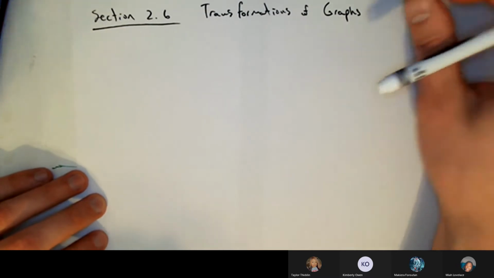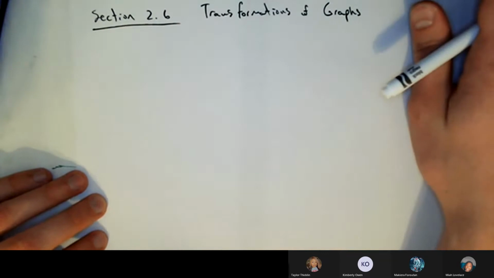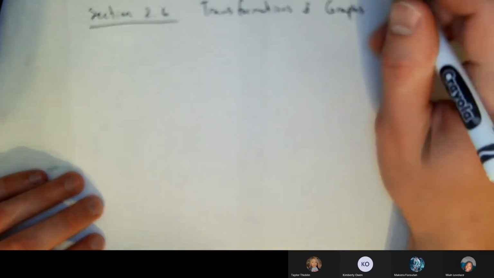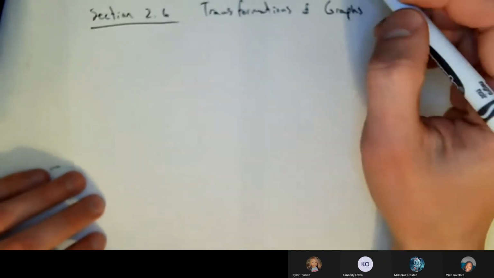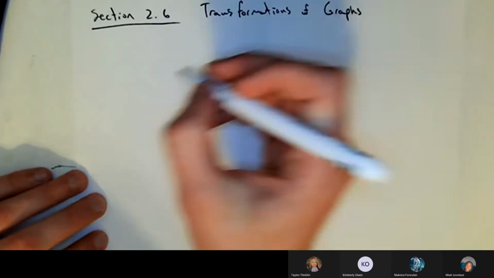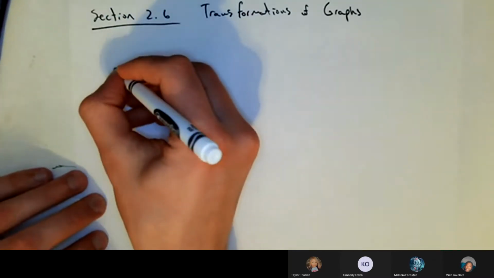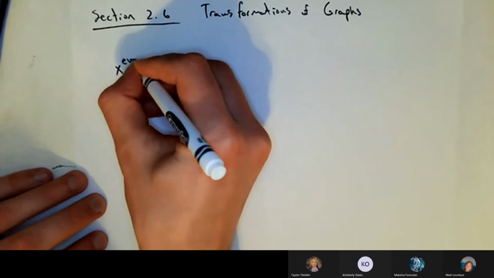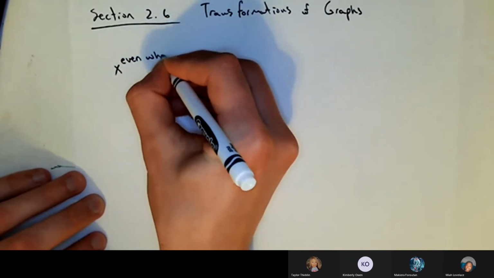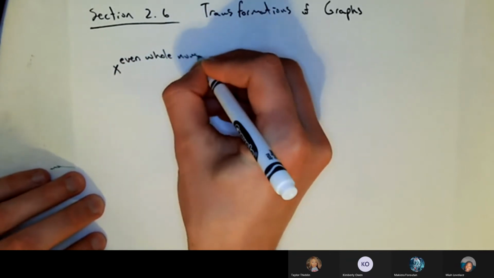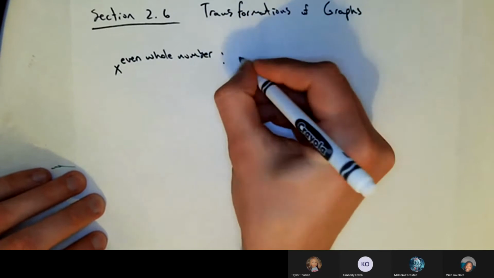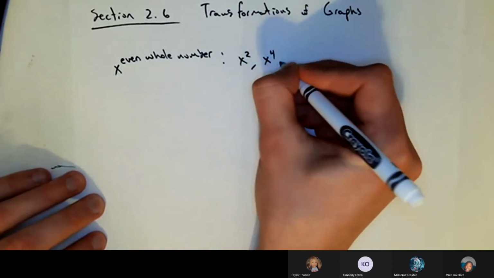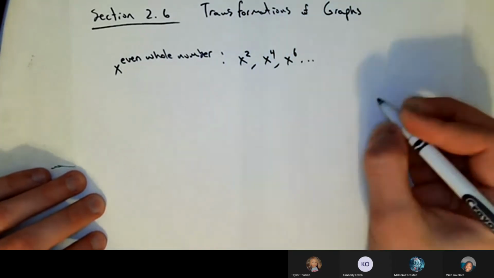I'm going to narrow it down by excluding the rational functions, meaning the 1 over x squared, those functions. I'm counting those out. So you need to know the x raised to an even whole number. What do those look like? So I'm talking about like x squared, x to the fourth, x to the sixth, etc.